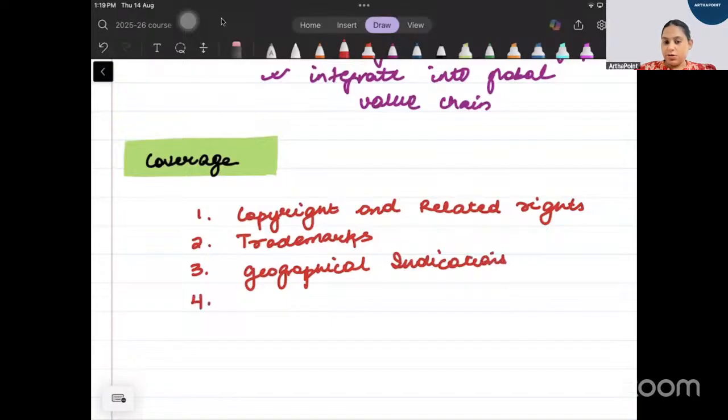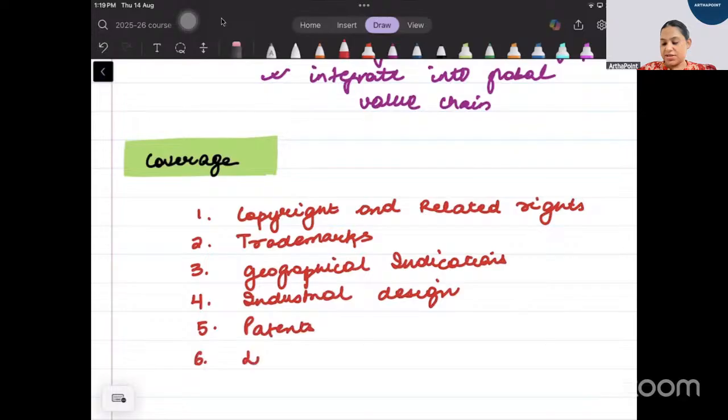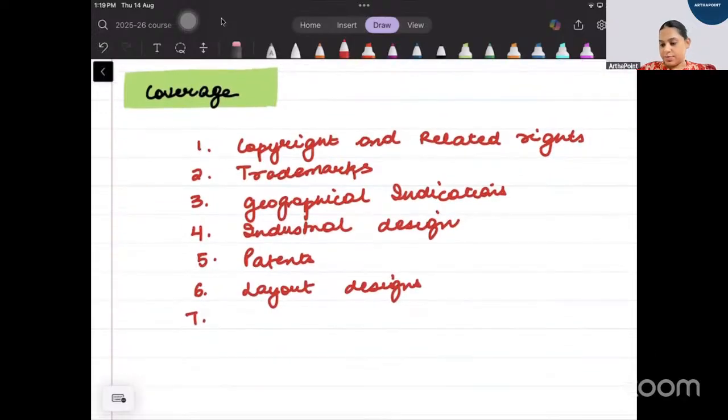Number four, industrial design. Number five, patents. Number six, layout design. Number seven, trade secrets.